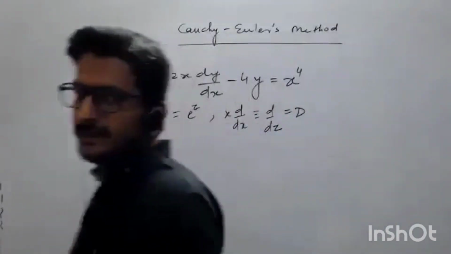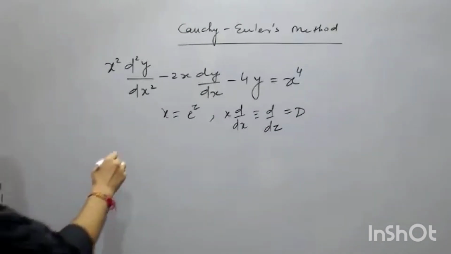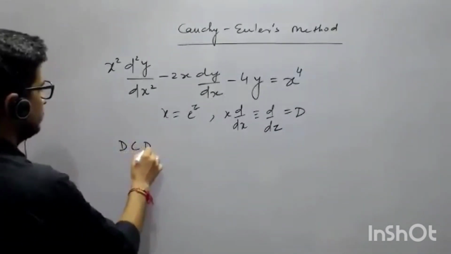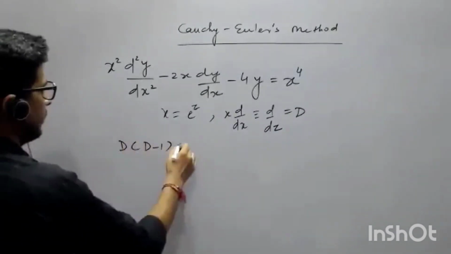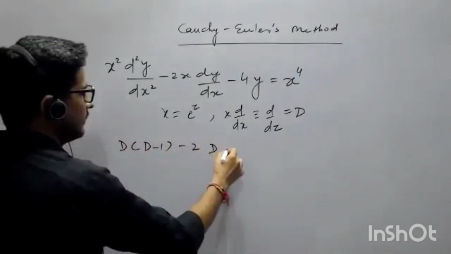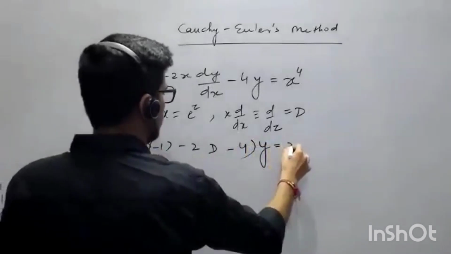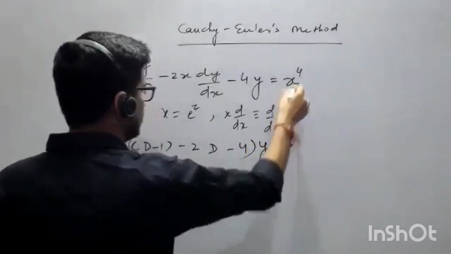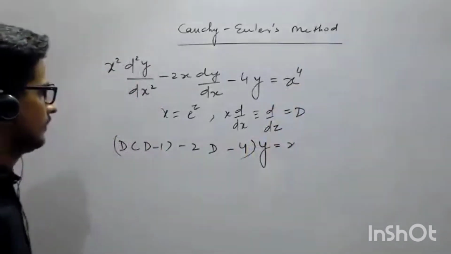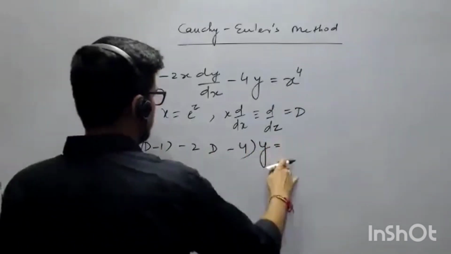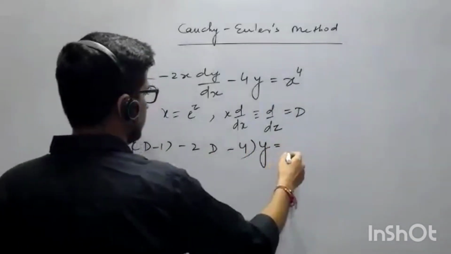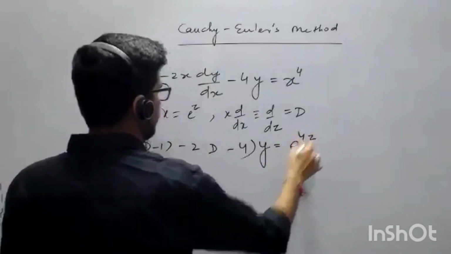So now this will become (d minus 1)(d minus 2)... minus 4y equal to x has transformed now into e to the power z. So what will I write on this side? e to the power 4z.